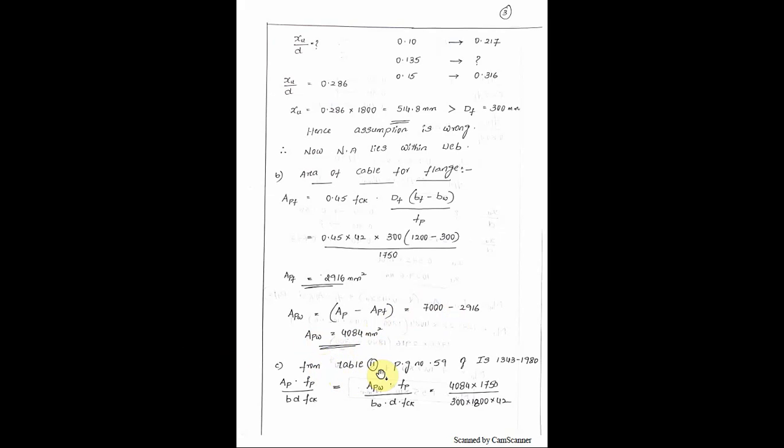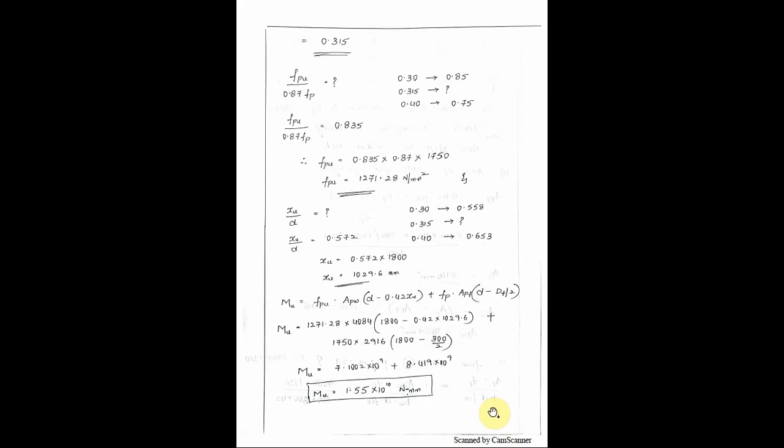From Table 11, page 59 of IS 1343 1980, APW FP by BW D FCK is equal to 4084 into 1750 divided by BW 300 into overall depth 1800 into 42. This value comes to about 0.315.